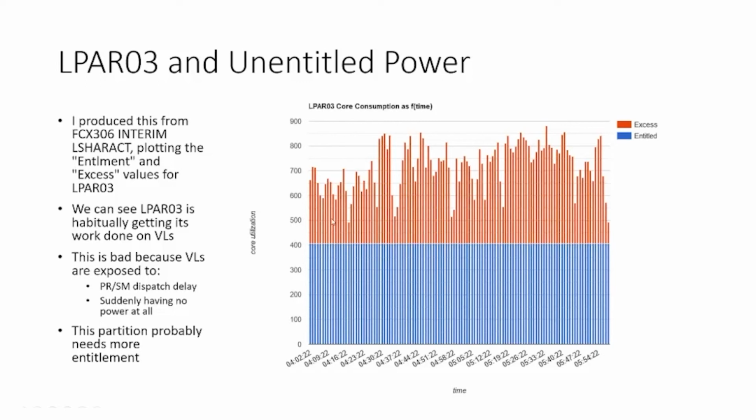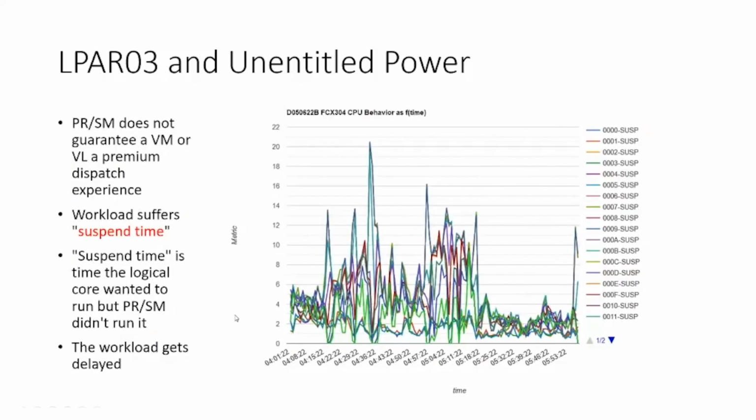So what do we learn from this graph? If there were just one or two red peaks in this curve and mostly the power consumed were down here in blue, I wouldn't be worried. But this partition is chronically getting its work done on unentitled power, which means that it is routinely exposed to the erratic dispatch behavior that a vertical low rightly can experience from Prism.